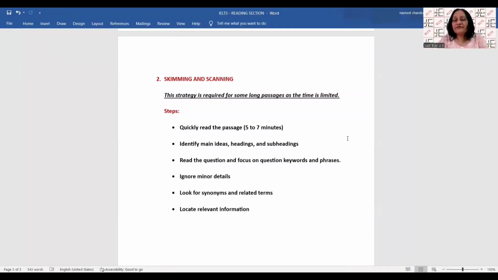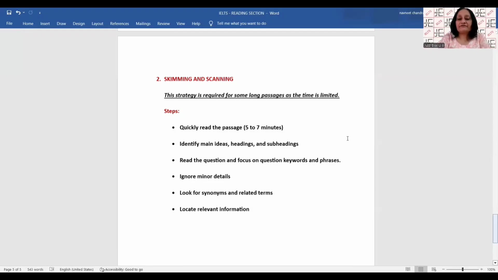Look for synonyms and related words and locate the relevant information. This works very well if you have a good knowledge of English and you can scan and skim the minor details. So, this is very effective there as time is very limited.